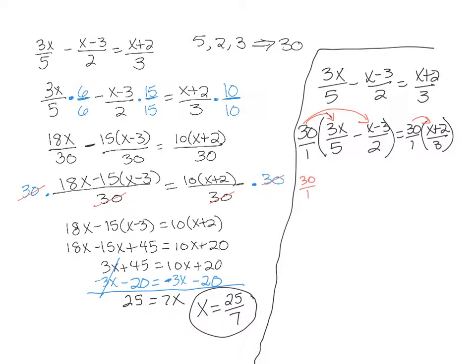30 over 1 is going to multiply 3x over 5, and switching to red, 30 over 1 is multiplying x minus 3 over 2, and I'm subtracting, and I have an equal sign, x plus 2 over 3, and that gets multiplied by 30 over 1, right?